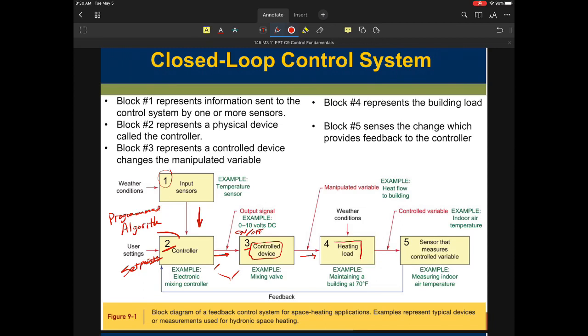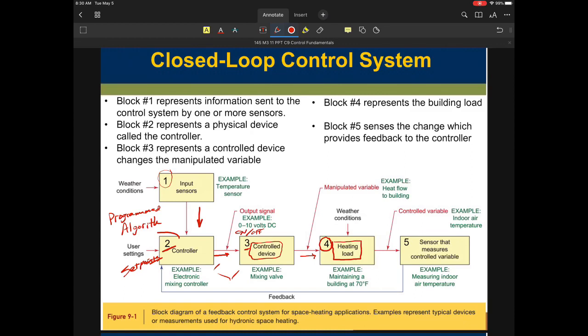Then the expected manipulation of that variable should provide some sort of a manipulation of the heating load, is what we want to see. And this is what block number 4 represents.